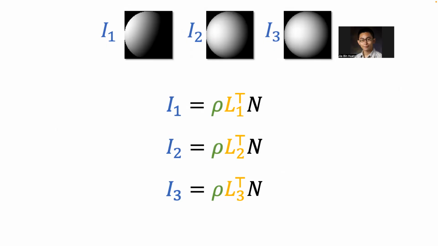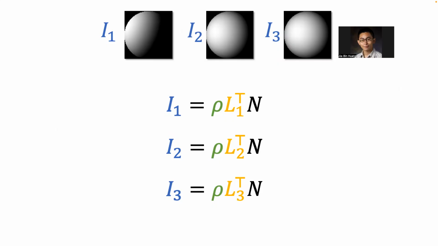So here is where your linear algebra knowledge comes in. Now you have three equations. In order to solve a linear system of equations, we need to write them down in matrix form, and then we can solve the linear least squares. So how do I do that? I just concatenate these three equations.